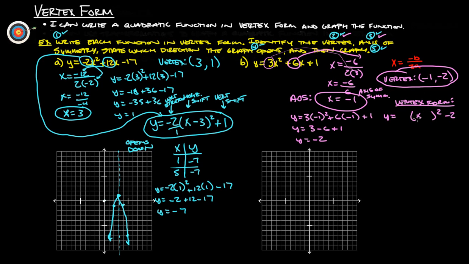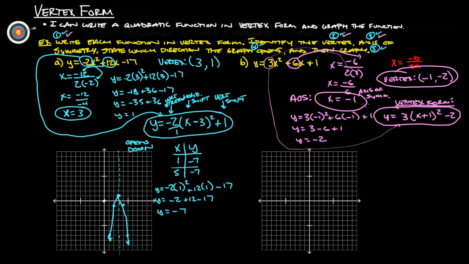This x here is negative 1, so I think negative 1 and what gives us 0? Negative 1 and positive 1. Or again, a lot of people just say, oh, I'm going to take the opposite of this negative 1 and put positive 1 in there. That works just fine too. Okay. And then the number out front here is going to be the same as our a value. So this 3 is going to go in right here. So there is our function in vertex form. Okay, so we've done that as well.